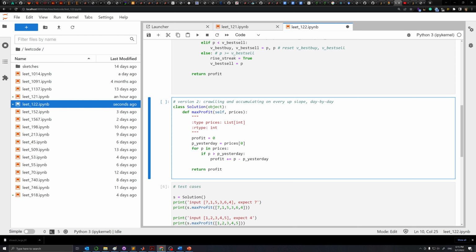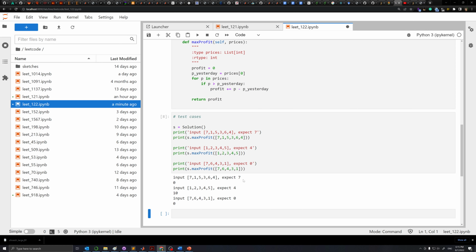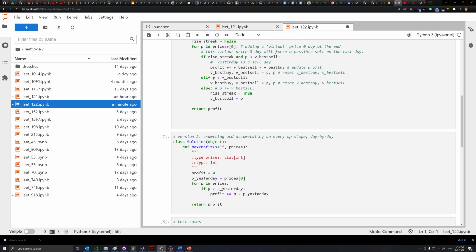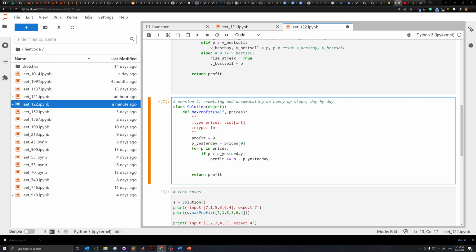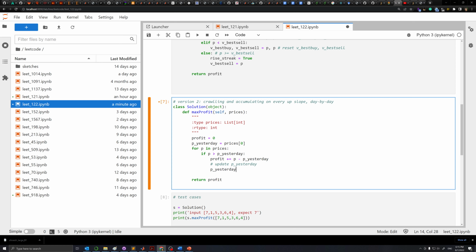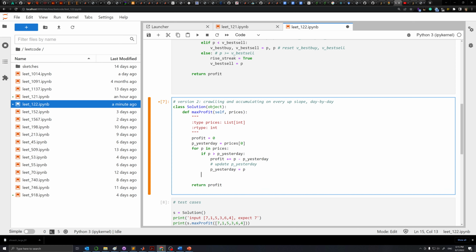Does it work? We don't know yet, but let's just see. Nope. There's something not quite right there. For p in prices, oh, we haven't updated yesterday yet, right? All right, we're gonna update p yesterday. P yesterday equals p.